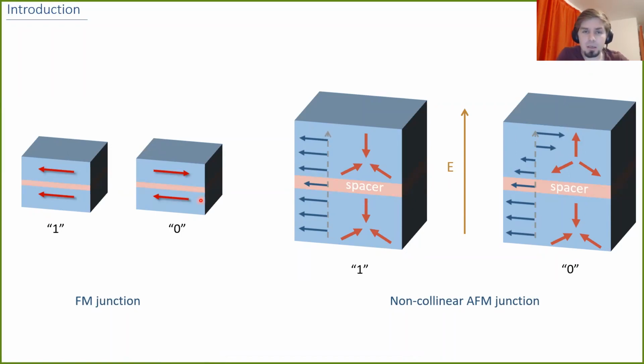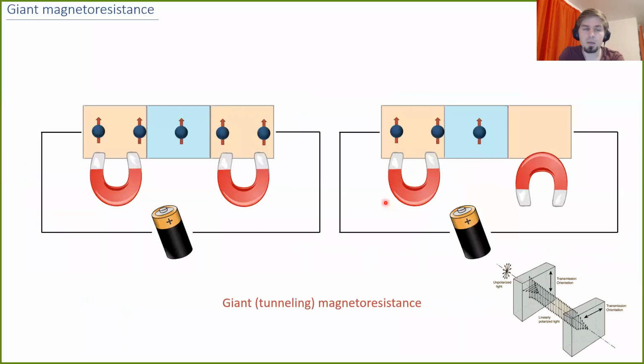These can be metallic or tunneling. What I will be talking about today are analogous devices made out of not ferromagnets, but non-collinear antiferromagnets. I will explain why we do that, why we think it's interesting, and I will show calculations showing how these work and that they do indeed work in ways that are quite comparable to the ferromagnetic ones.